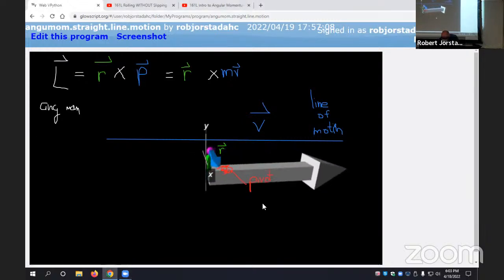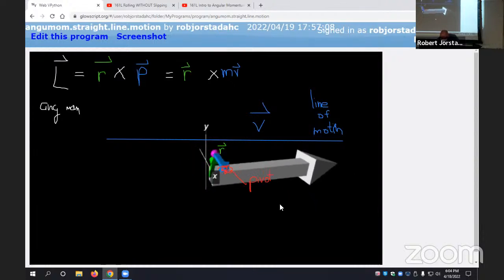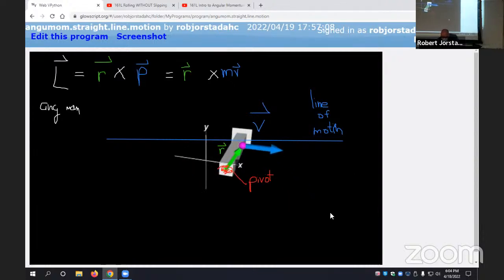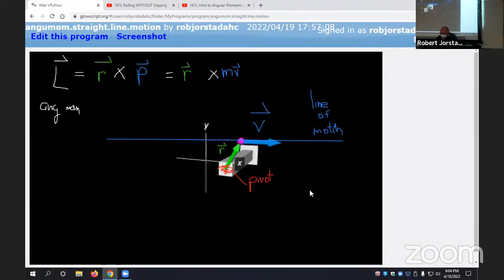I couldn't figure out, I know, I was hiding it. That's the big reveal. Oh man, this is amazing, right? Does that make more sense now that you can kind of see the arrow? So from a pure side view, you don't really notice it that much. But the idea is R cross momentum is into the page. Is everybody okay with that?